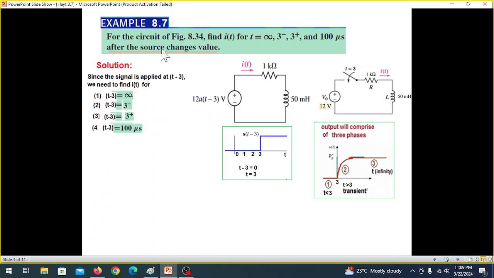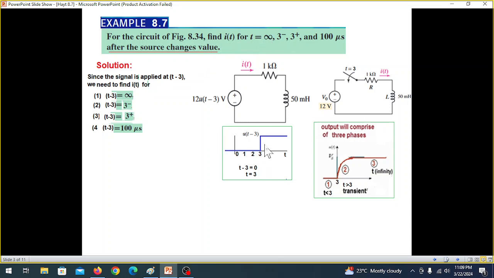And if we write this question in paragraph form, what it says is that since the signal is applied as t minus 3, we need to find i(t) for the change point at this point. That is, when t minus 3 is infinity, t is equal to infinity.